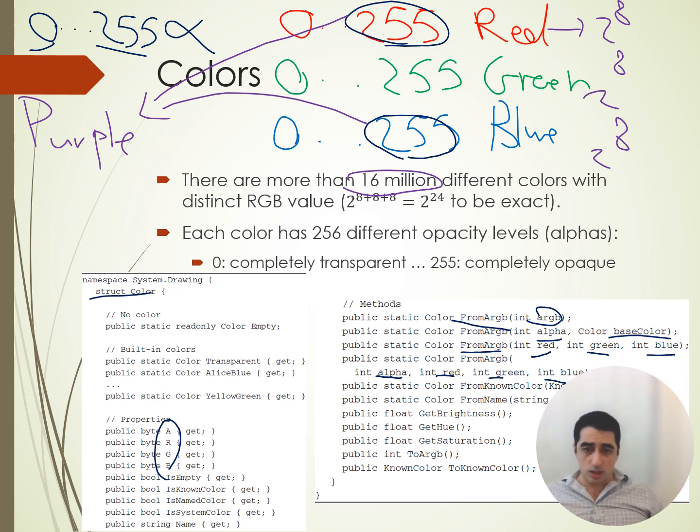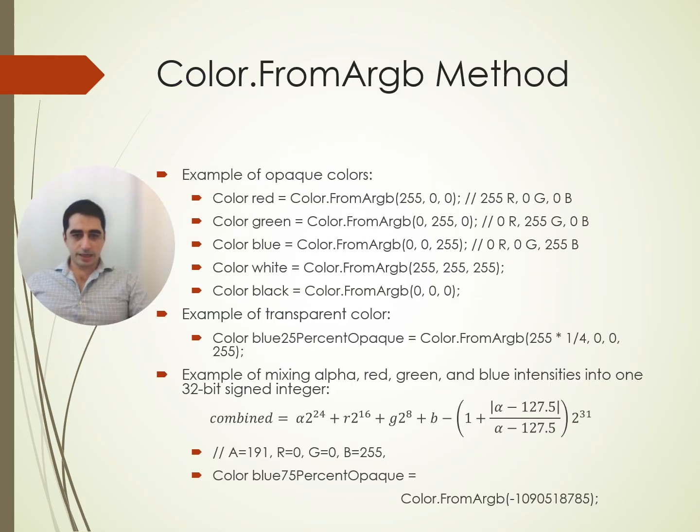Or you can use one of the known colors. You don't need to create your own color if you already have one available. And yeah, basically this structure serves as the main tool in Windows Form applications to specify a single color.